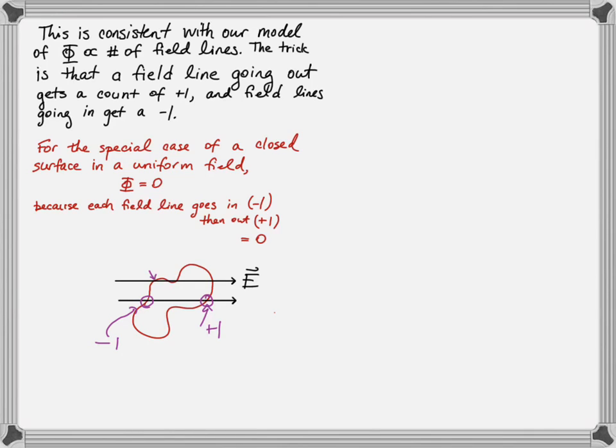If you do the same thing for the top line, there's an in, that gives you a -1. There's an out, that gives you a +1. There's another in, which gives you a -1, and another out, which gives you a +1. So every line that goes in must also come out for a closed surface, so you constantly get a total of 0. The number in always must equal the number out. So for a closed surface, you get a flux of 0.